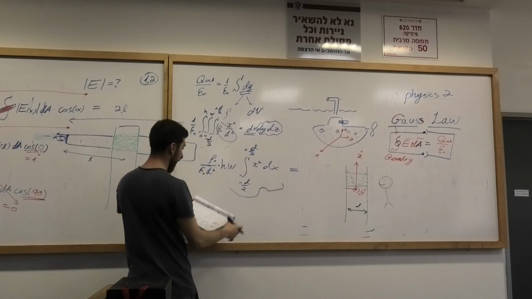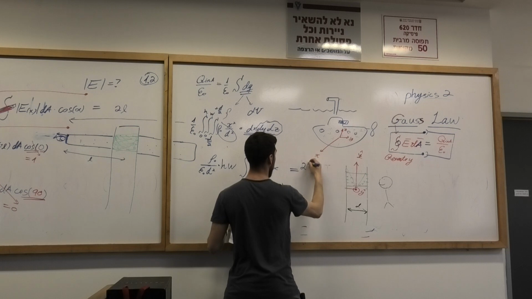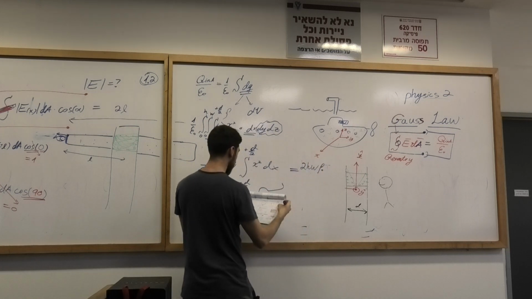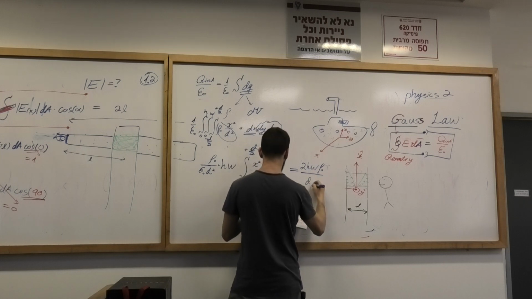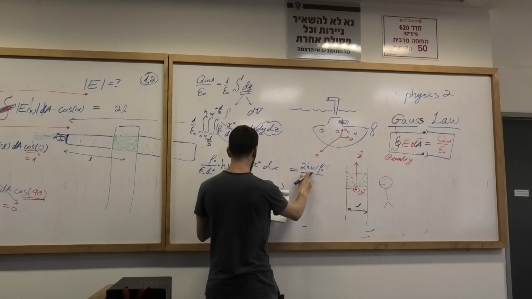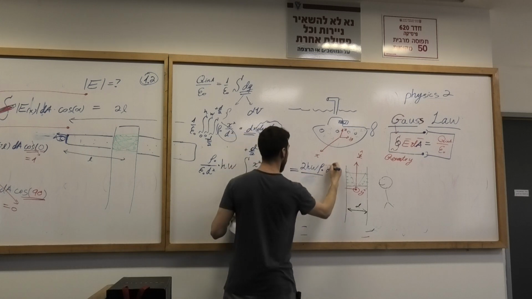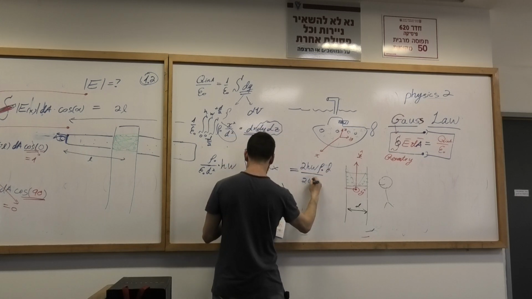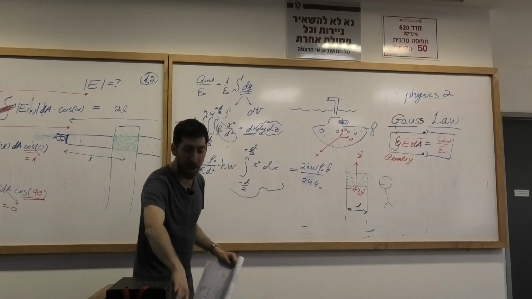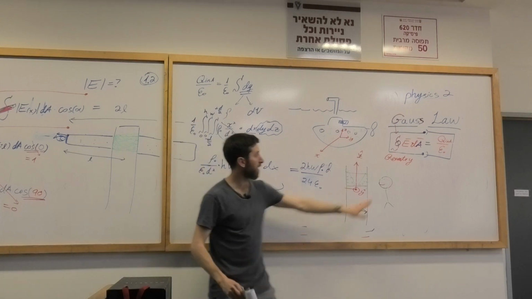If you do it, it ends up being 2hw rho naught d over 24 epsilon naught, okay?